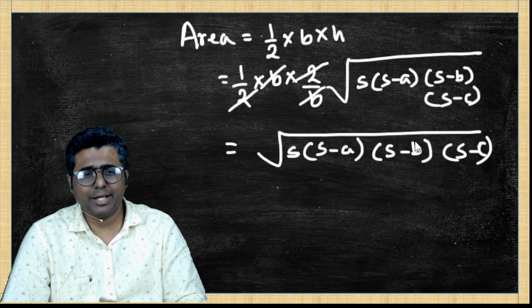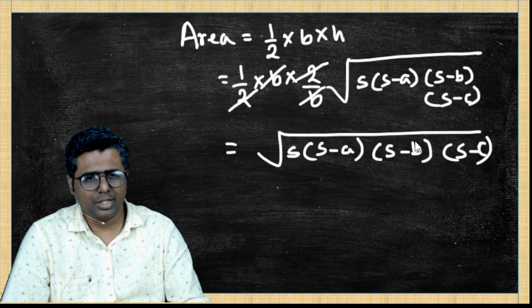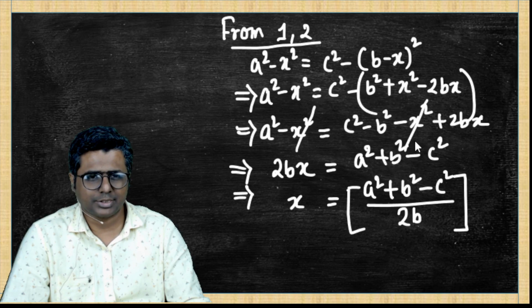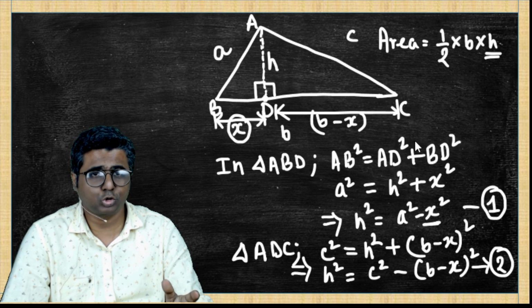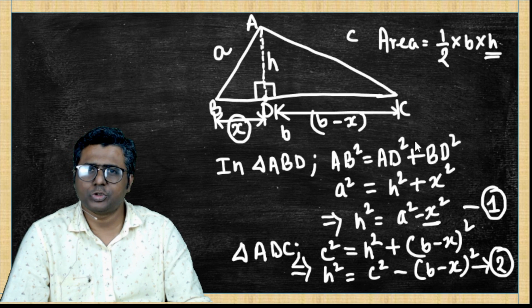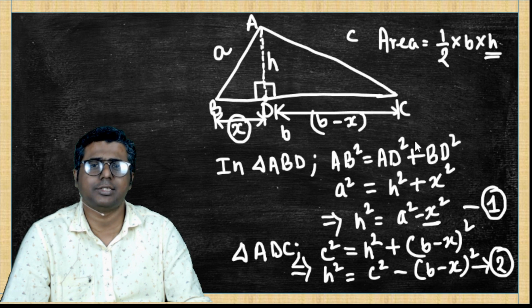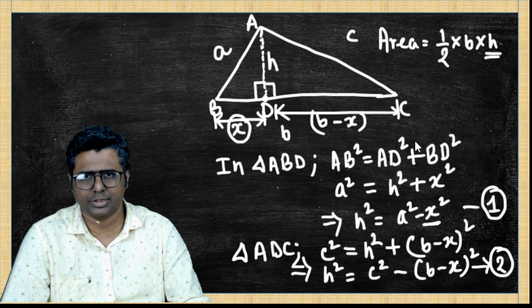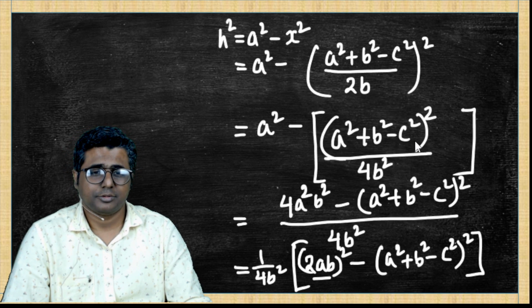So while we derived this, what did we learn? I am going to list it out. In fact, we started with Pythagoras theorem, so you revised Pythagoras theorem over here. We started with area of triangle, half into base into height. We revised the area of triangle in our previous lecture. Next, again Pythagoras.